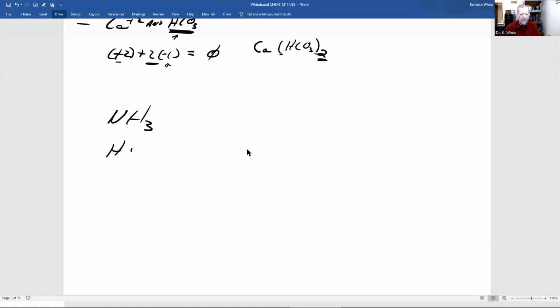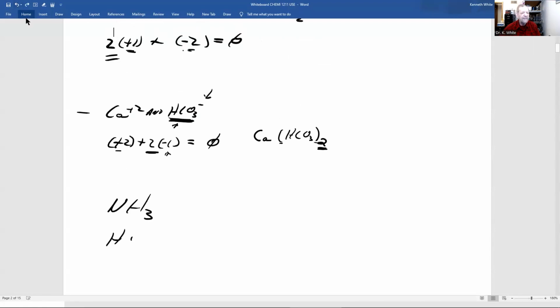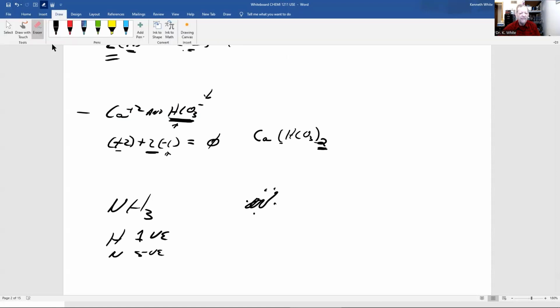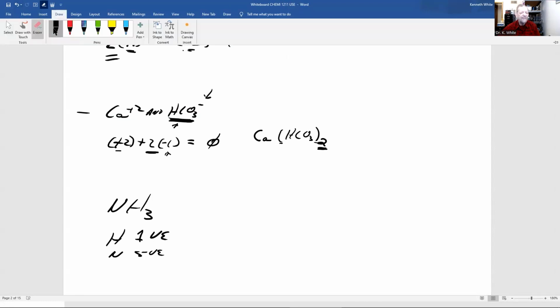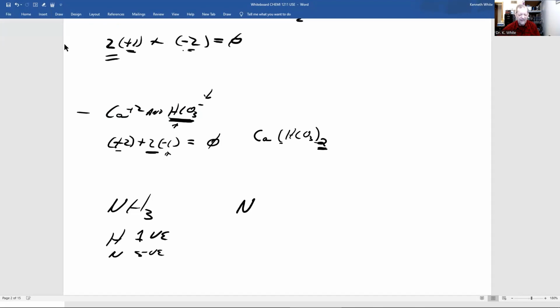So hydrogen, 1 valence electron, nitrogen, 5 valence electrons. Now, the easiest way, draw the Lewis structure. For nitrogen, hold on, doesn't look like an N. That's better.